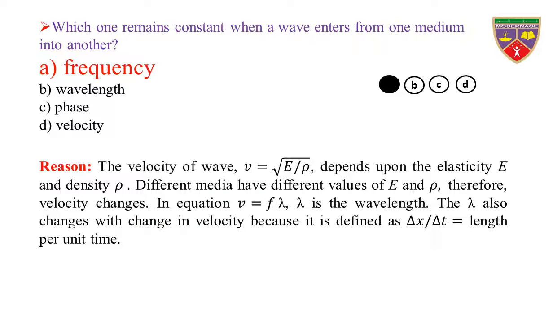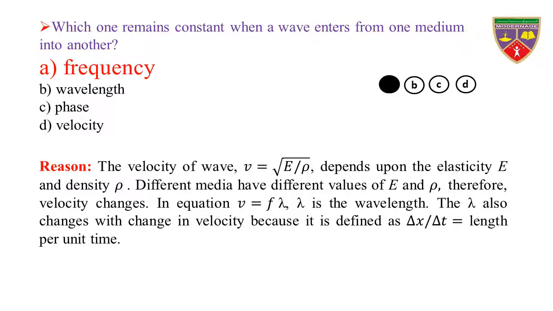Reason: the velocity of a wave, v, is equal to the square root of E divided by rho, and depends upon the elasticity E and density rho. Different media have different values of E and rho, therefore velocity changes.